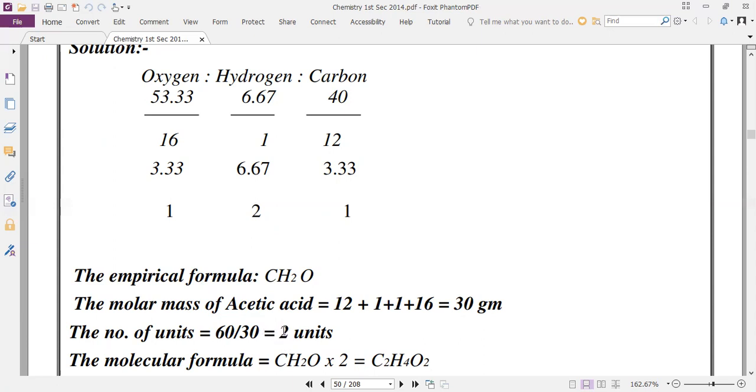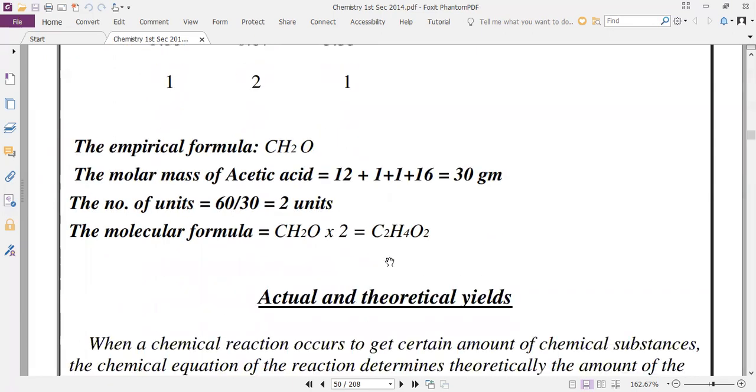What's meant by 2 units? It means 2 times C, 2 times hydrogen, 2 times oxygen, right? And this is the molecular formula. The molecular formula will be CH2O times 2 equals C2H4O2. So this is the molecular formula of acetic acid.